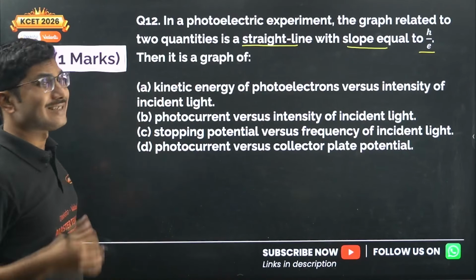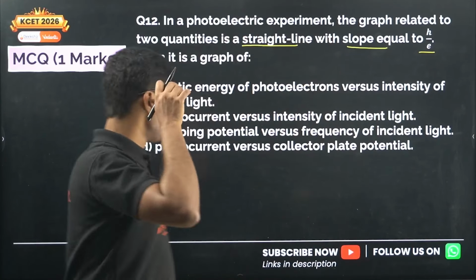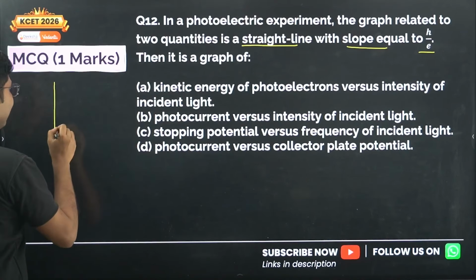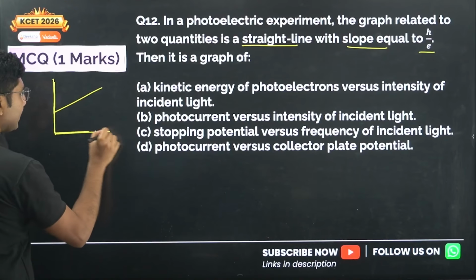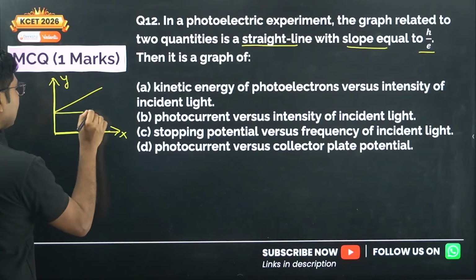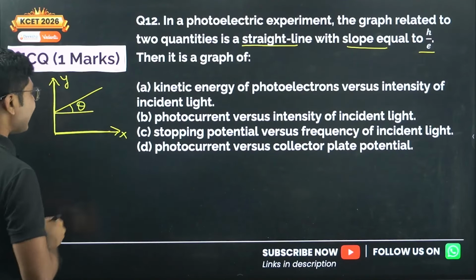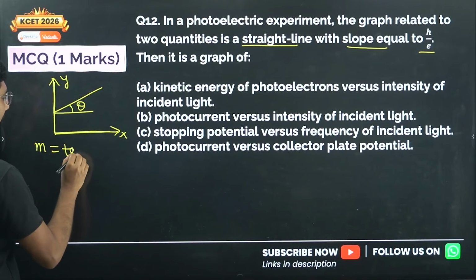Okay, so first of all let us understand what is the meaning of a straight line and what is a slope. If you draw a straight line like this in xy coordinate system, so this is x, this is y, this angle say theta, then what is the slope? We know that slope is given by m equals tan theta.